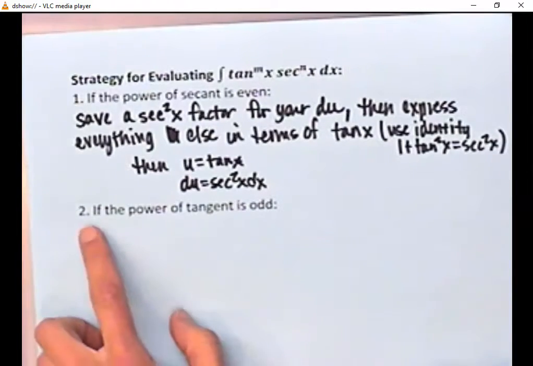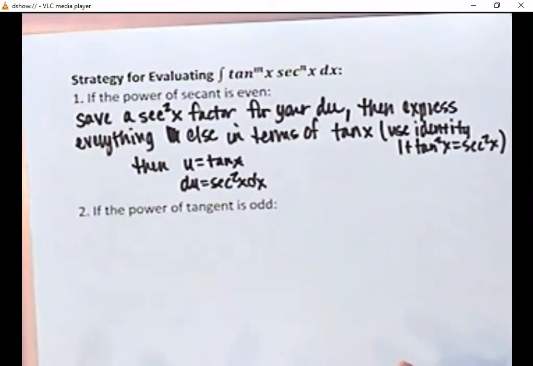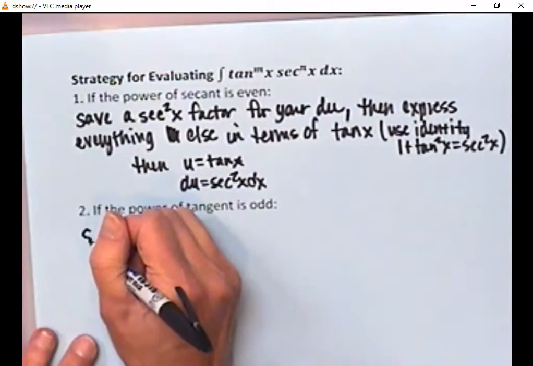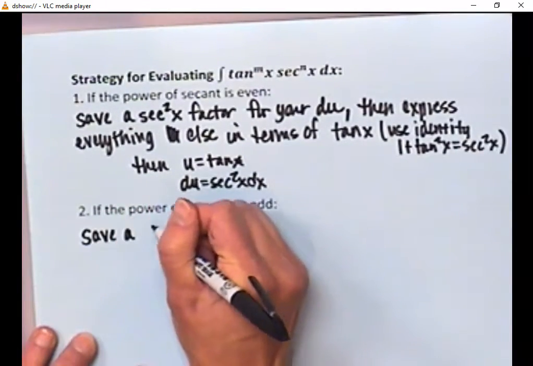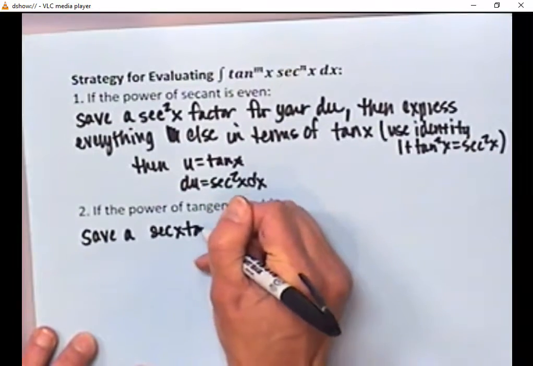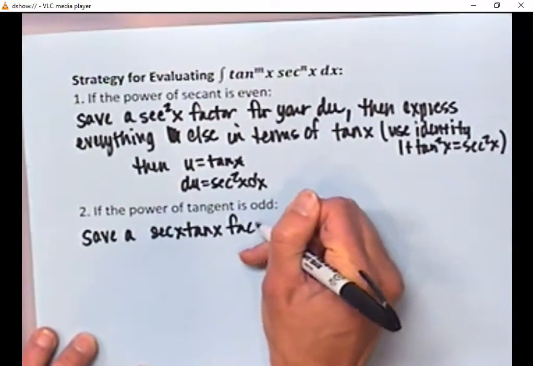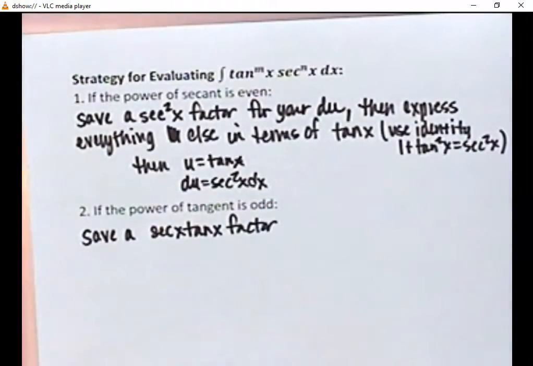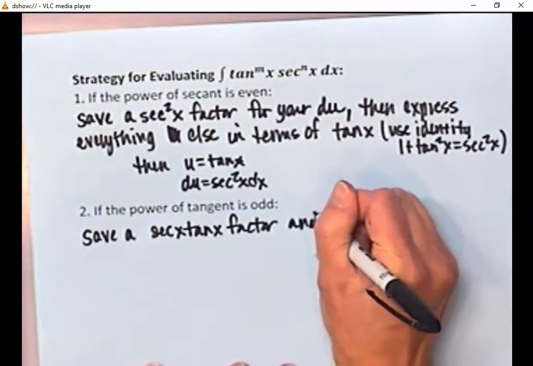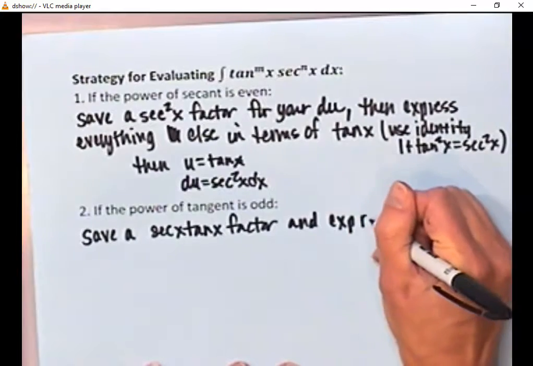Now, if the power of tangent is odd, and sometimes secant as well, this is where you're going to save out the secant tangent factor. So you would save out a secant x tangent factor and then express everything else in terms of secant.